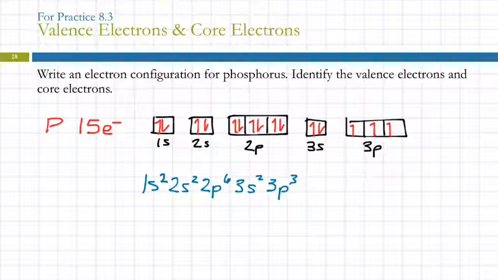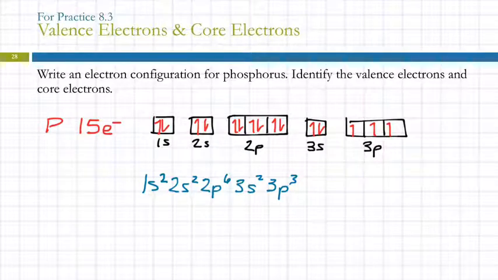Okay, so there's the electron configuration. We're supposed to identify the valence electrons and the core electrons. Valence electrons are in the highest principal level. The principal level is represented by these big numbers, 1, 2, and 3. Of those numbers, which is the biggest? 3. So these are in the highest principal level, but s and p are both in that.